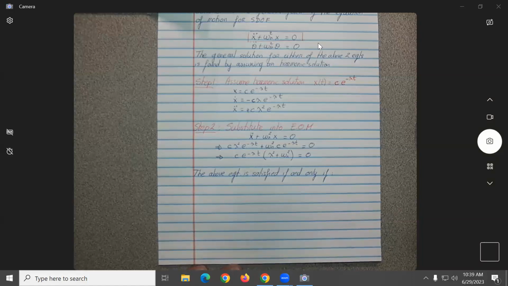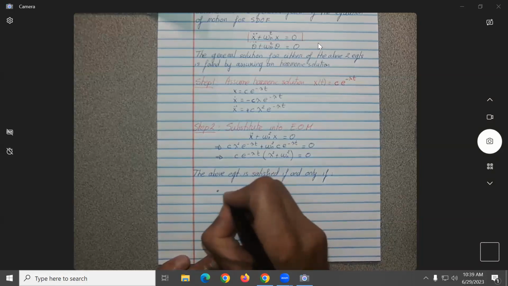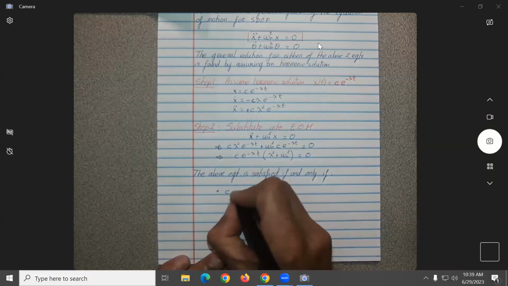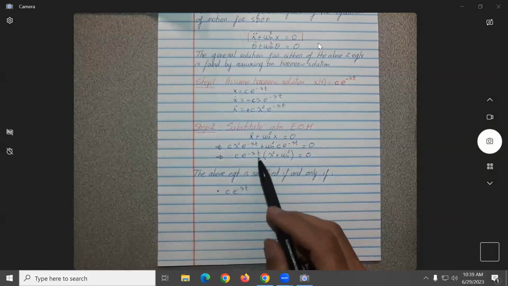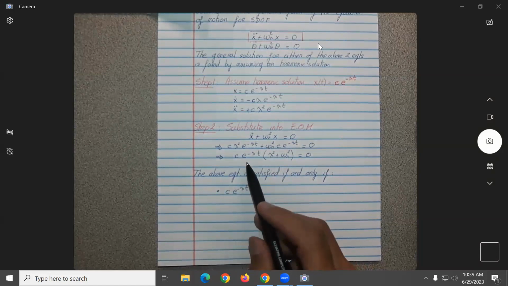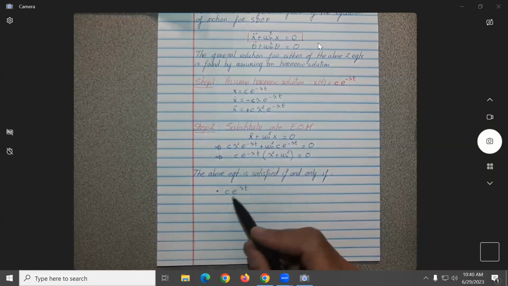What can be the two solutions? C, okay, I can put it here because can the exponential be equal to 0? No. Yeah? So the only option I've put here is when what?